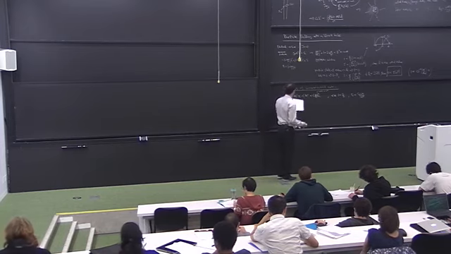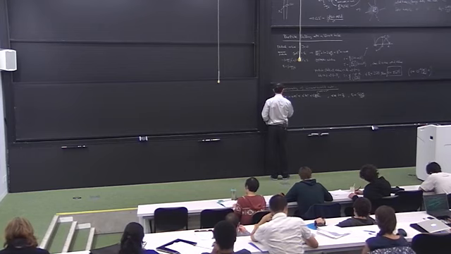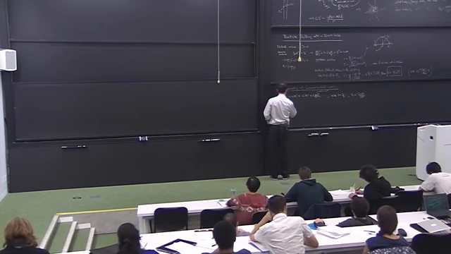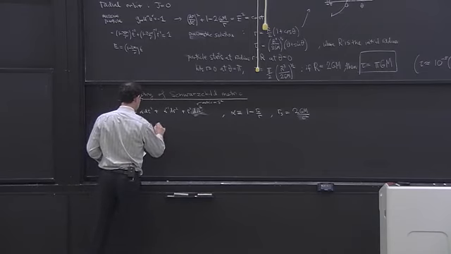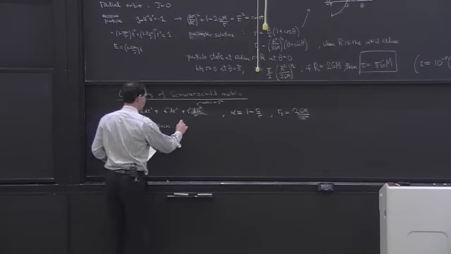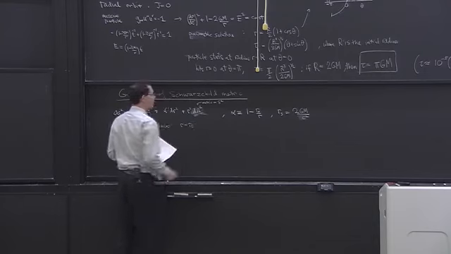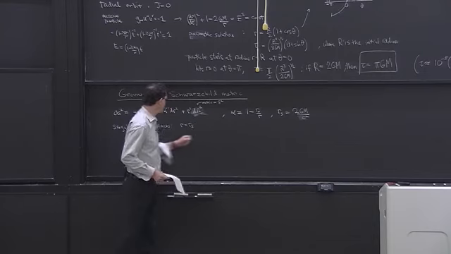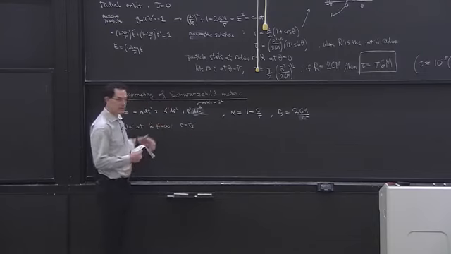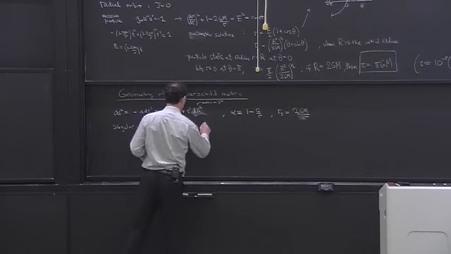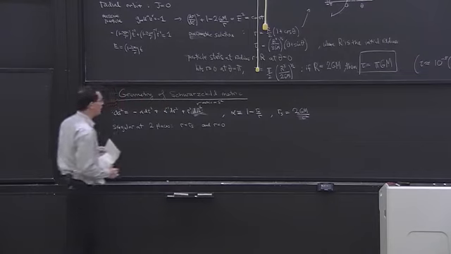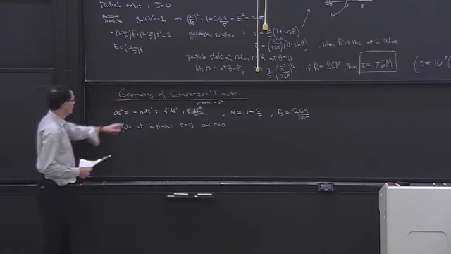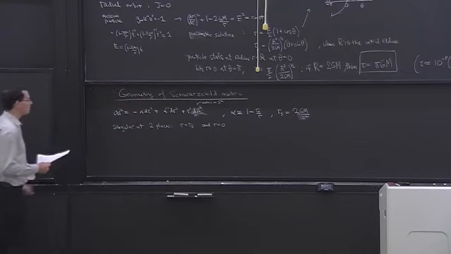Now, this metric is obviously singular at 2 places. R equals rs, in which case alpha vanishes, and this term goes to infinity, and also r equals 0, in which case alpha goes to infinity, and this term is infinity.